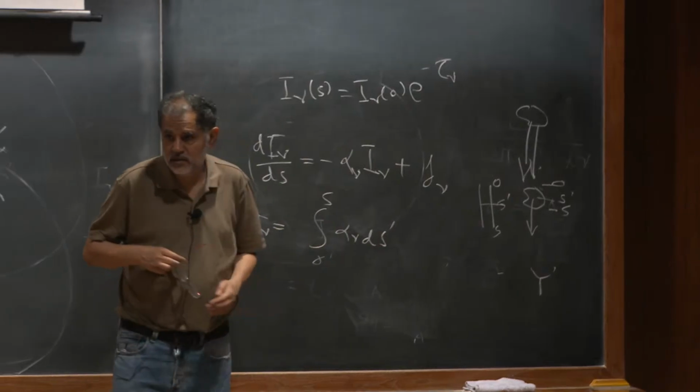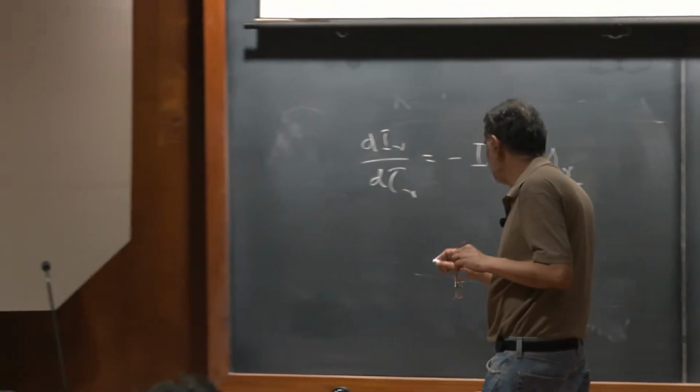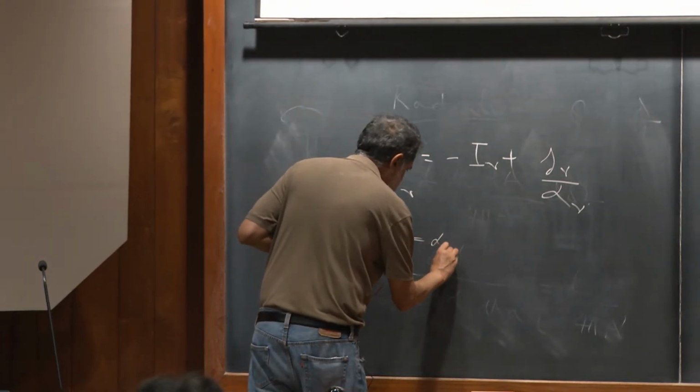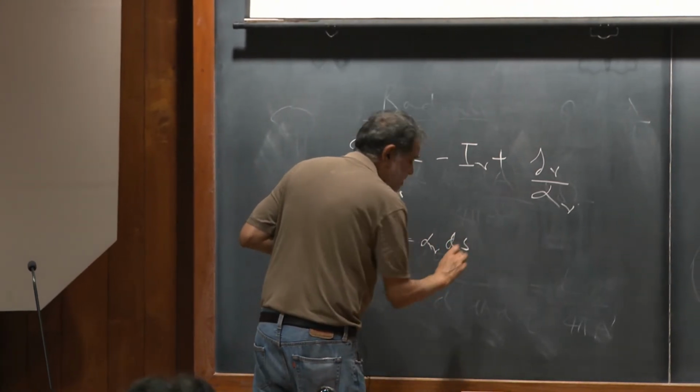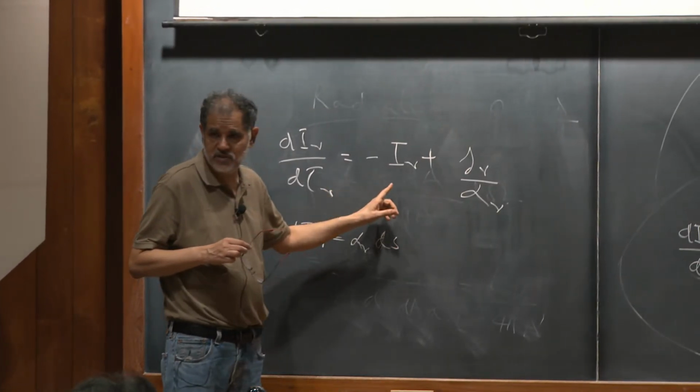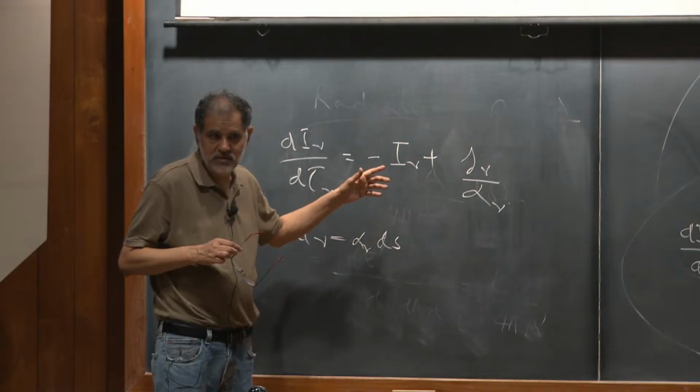So you can see d tau nu equals alpha nu ds. I just defined a new variable. In this new variable, things look sort of neater.